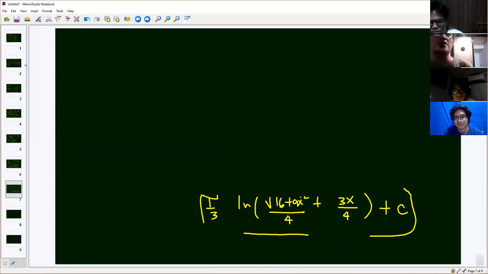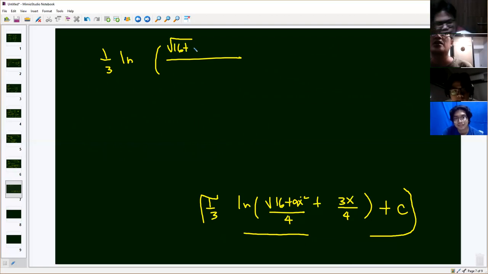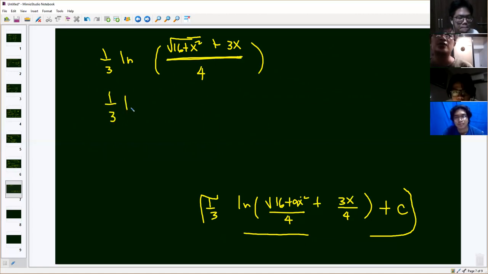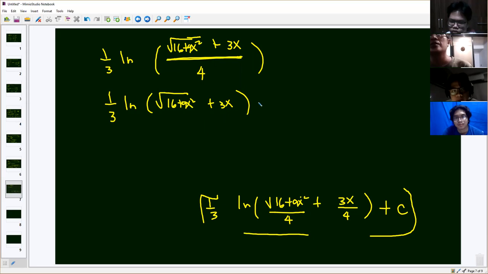Look at this. If you want to apply the properties, you have 1/3 ln. Then, obviously, meron kang square root of 16 plus 9x squared plus 3x all over 4, right? Properties of log, you have this. You know, that becomes a minus ln of what's above, and then plus 3x. 9x squared, and then quantity, of course, minus ln of 4, right?